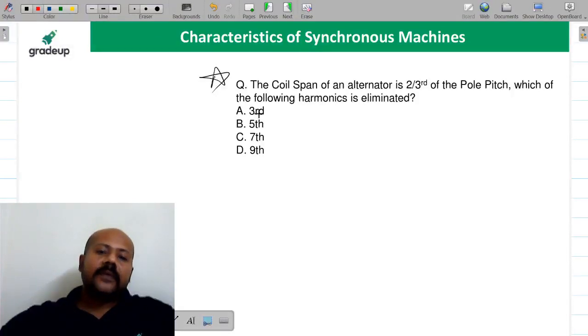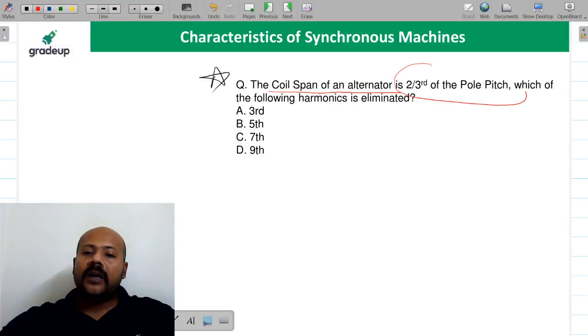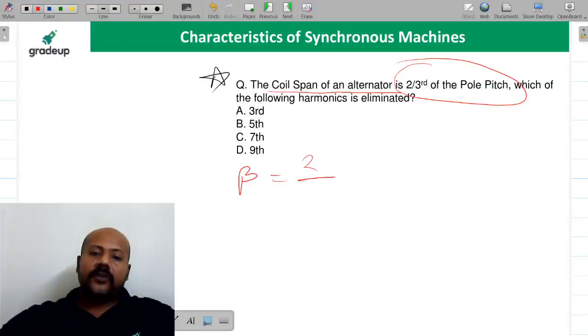Now beta, he is saying the coil span of an alternator is 2/3 of the pole pitch. What is coil span? Beta, it is going to be 2/3 of the pole pitch. Now he is asking which of the following harmonics is eliminated. How can you write this beta?